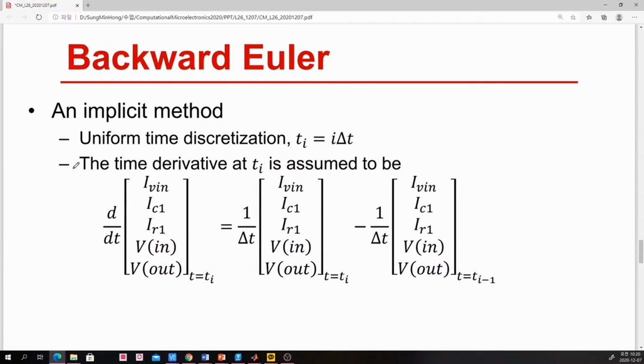And we have to think about the time derivative, and I have introduced the backward Euler scheme, which takes the present value and past value and takes the difference. So that becomes one crude but working approximation for the time derivative term.